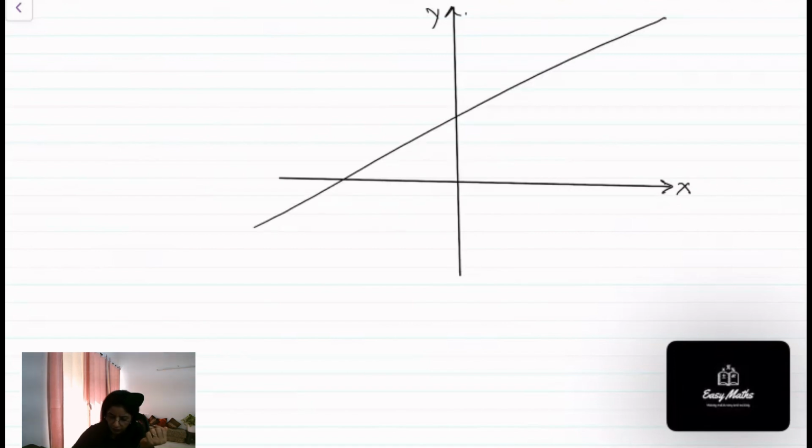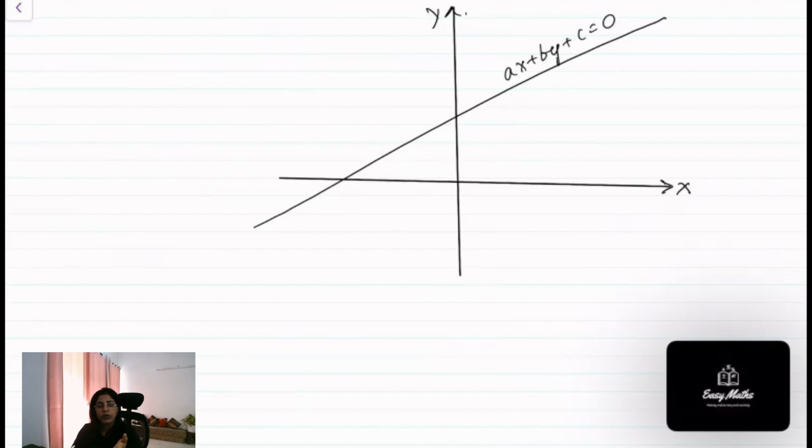So any line will have an equation of the form ax plus by plus c is equal to 0. This is the linear equation of this line. Now this line passes through infinite points, and all these points are called the solutions of this equation.